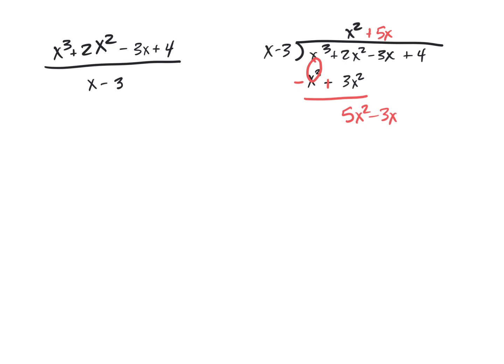And then I multiply. 5x times x is 5x squared, minus 15x. Change the signs, and then I subtract by changing signs. And then you get 12x.